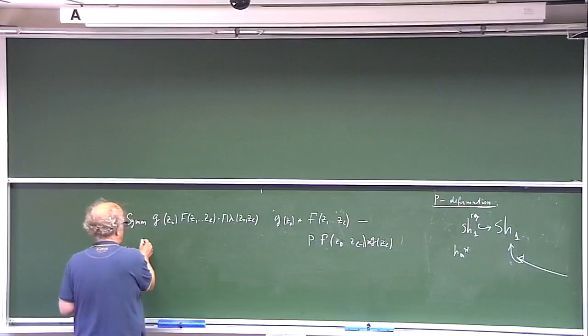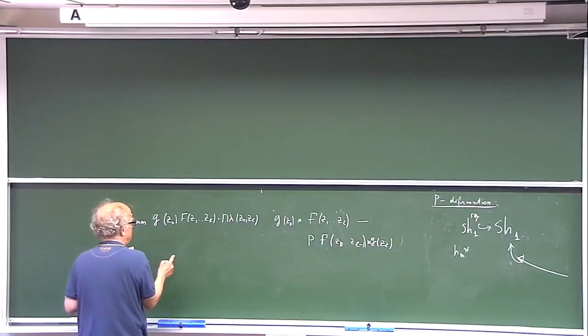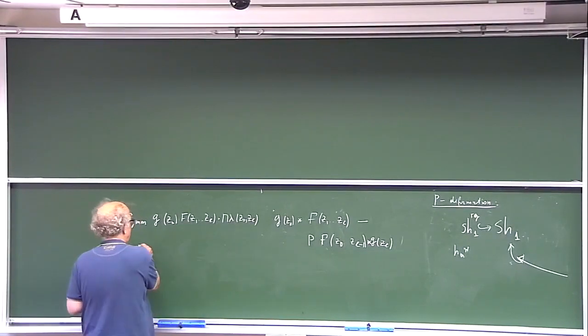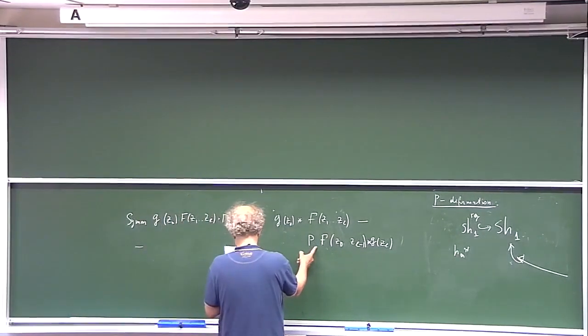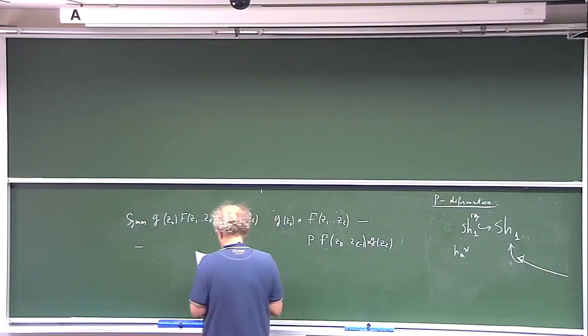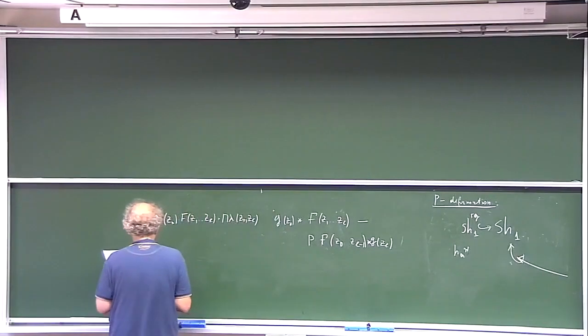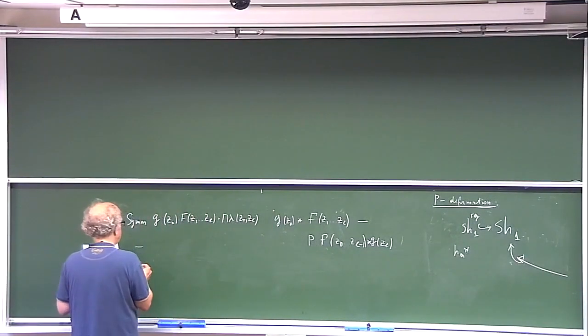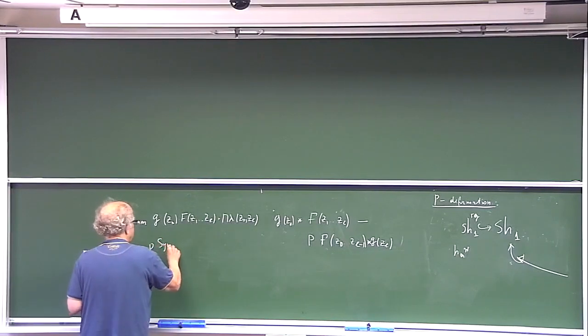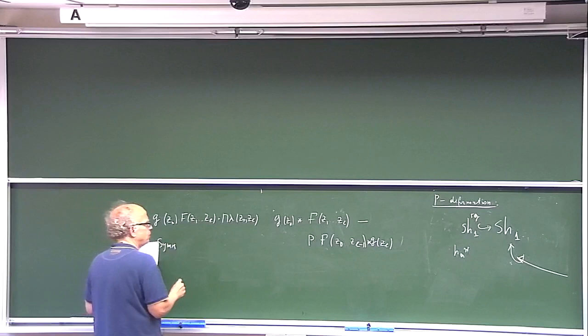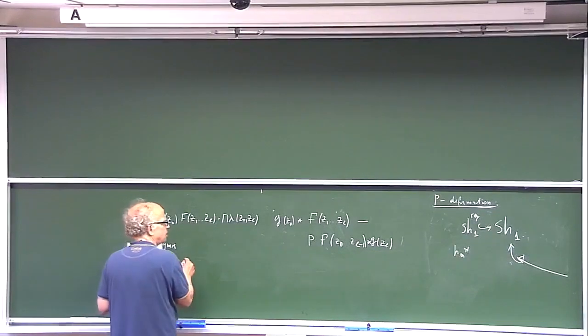And then minus what? Minus what is written here. Then we have parameter p, also some symmetrization here.